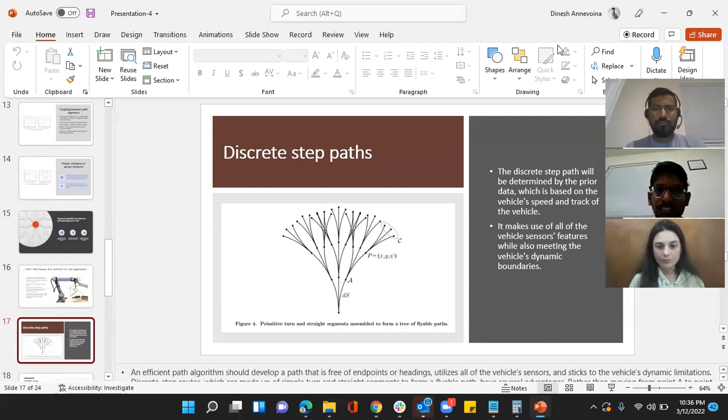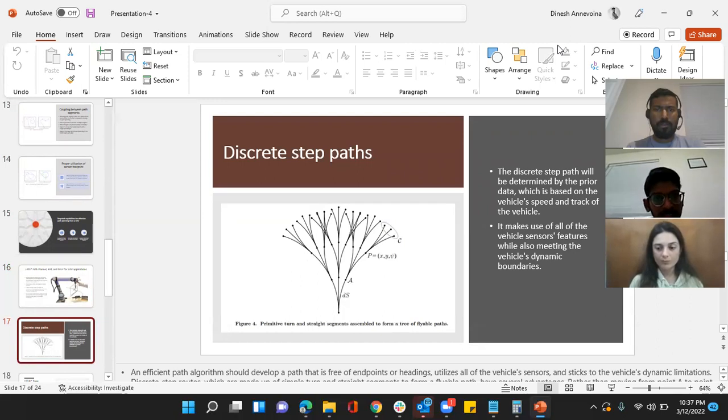Discrete step path is mostly determined by the prior data that we have, based on the vehicle speed and the direction of the track in which the vehicle is moving. So it makes use of all the vehicle sensors to meet the constraints of the vehicle's dynamic boundaries.